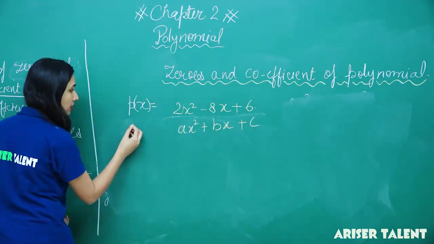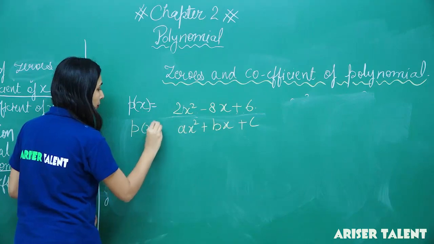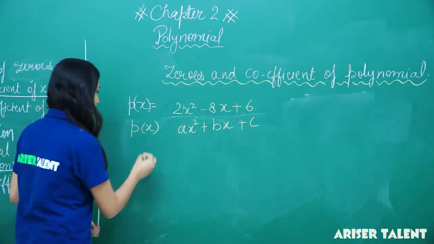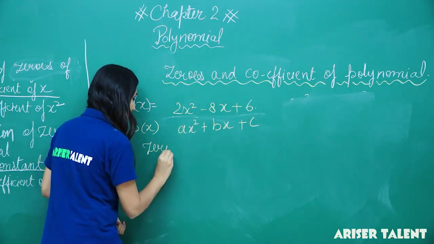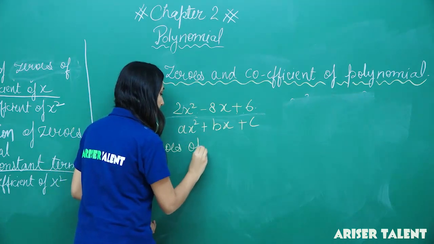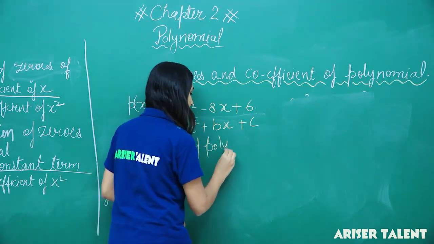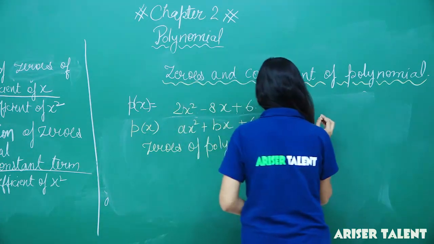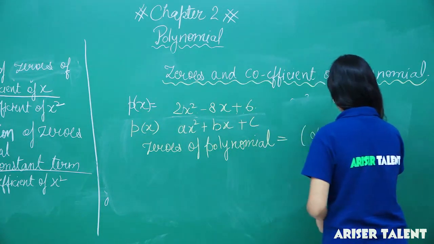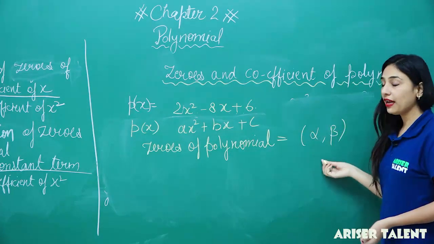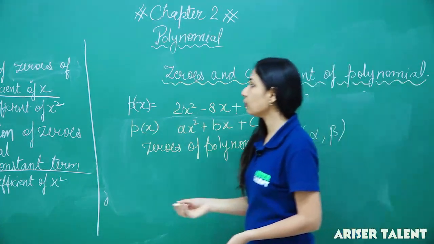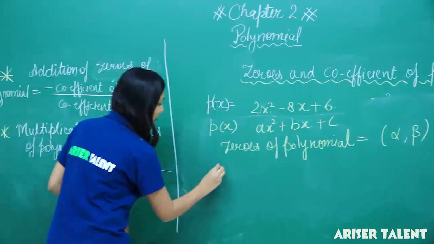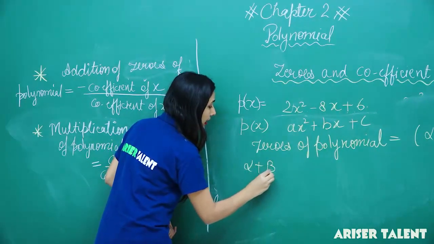Now, for this polynomial of x, let the zeros of the polynomial be alpha and beta. By this, what will you get?